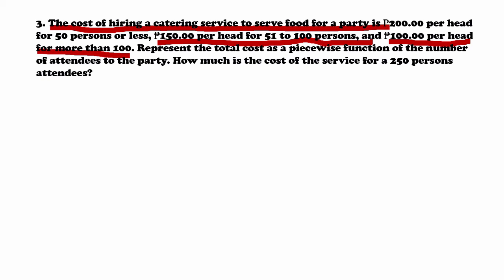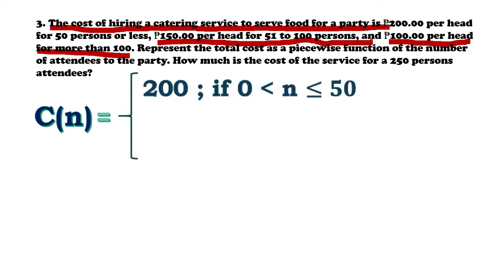So let us represent the cost of the number of attendees or persons for the catering service as C of n is equal to 200 if n is greater than 0.